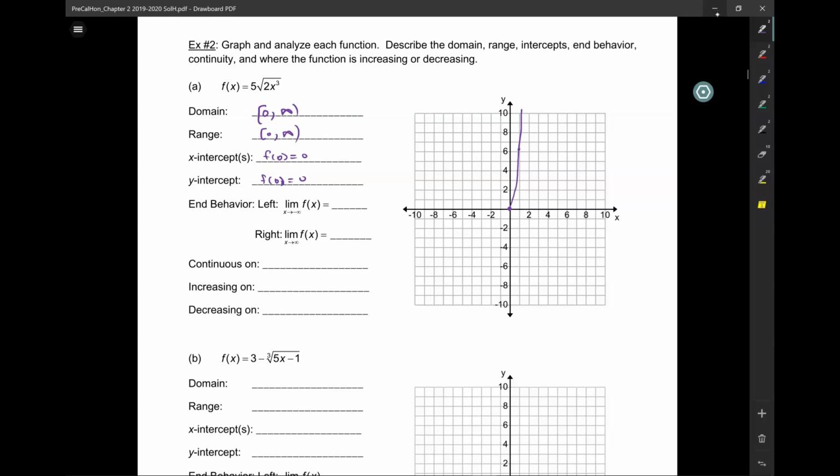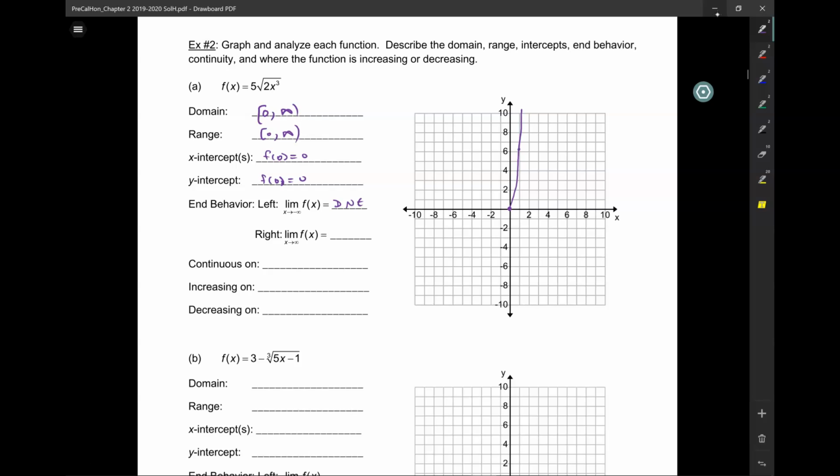What's the limit as x approaches negative infinity? Well, this thing ends here. It never even goes into the negative infinities. So it's DNE. When you say 0, it means as x approaches negative infinity, this is flattening out. But it's not. It's stopping right there. There isn't even a graph in that region. So it's DNE.